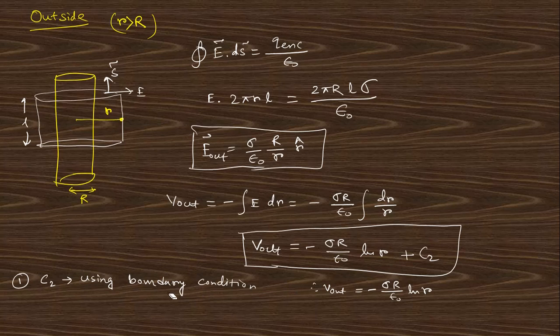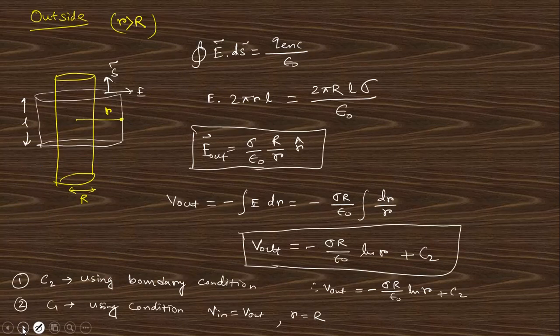From this we get the C2 value, no problem. And C1 can be found using the condition that V in equals V out at r equals capital R. At r equals capital R, these two are equal. From this condition we can find C1. So by using this, C1 and C2 can be obtained.